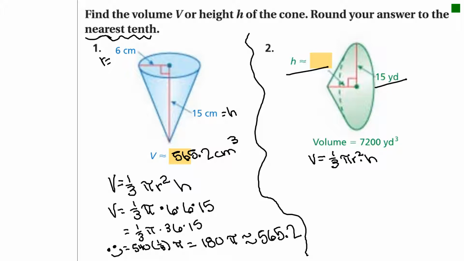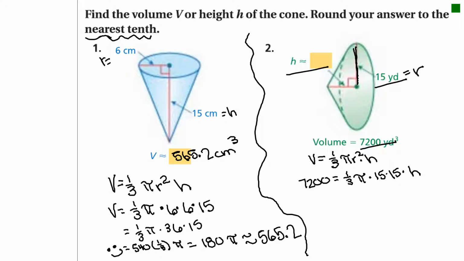We know that this is going to be the radius, r, because it's on the circle part. Here's the circle part. Okay, and we know the volume. We know V. So 7,200 equals 1/3 pi times 15 times 15 times h.